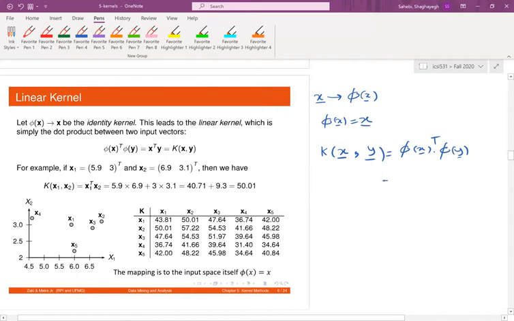Since we know that phi of x is equal to x, it's going to be x transpose dot phi of y, which is equal to y. So with this linear identity kernel, what we have is that the kernel between x and y data points is actually equal to x transpose y.